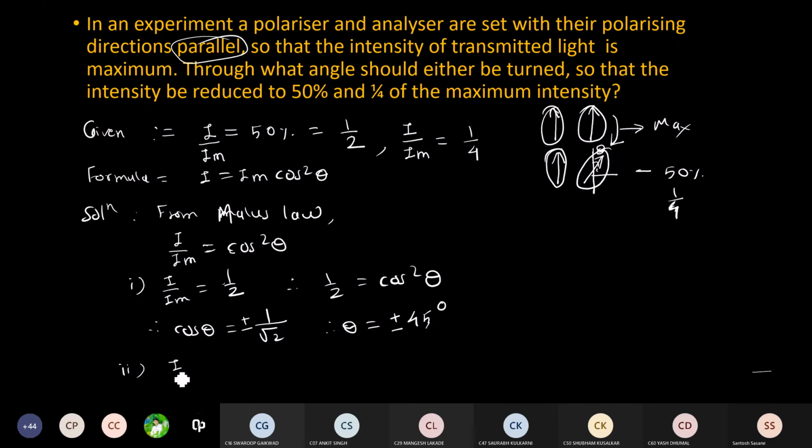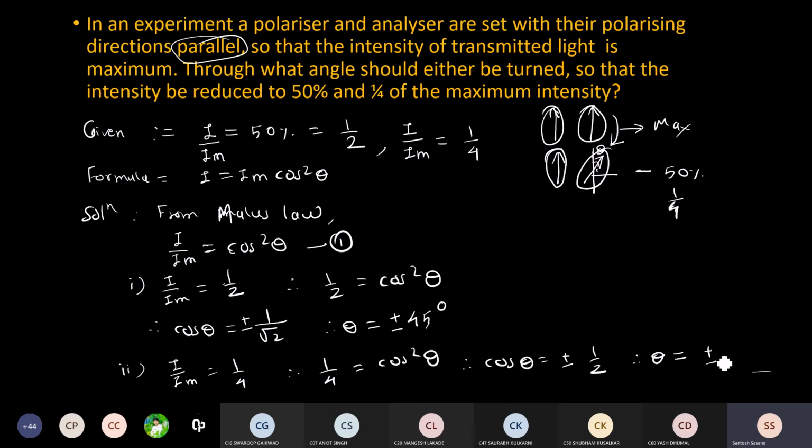In the second case I by Im is equal to 1 by 4 and therefore we will put this value in the cos square theta formula, our equation number 1, and therefore we will write here 1 by 4 equal to cos square theta and therefore taking square root, cos theta is equal to plus or minus square root of 4 is 2, and therefore we will get theta is equal to plus or minus, how much will it come? 1/2. Cos of what angle gives 1 by 2? 60 degree. Okay.